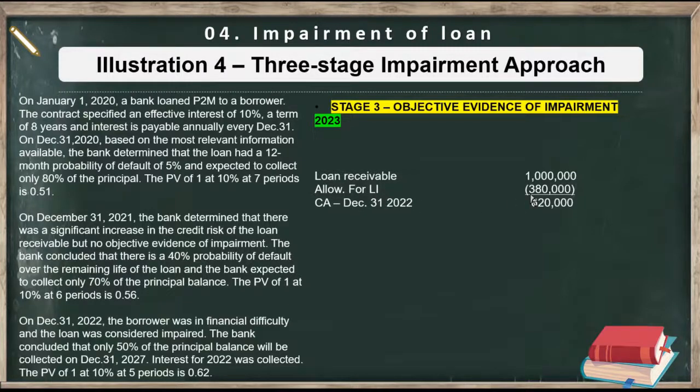I have mentioned previously that the allowance for loan impairment will now be 380,000. So from 1,380,000, since we wrote off 1 million, what remains is 380,000. So the key is to follow the journal entries and you will know the correct balance.